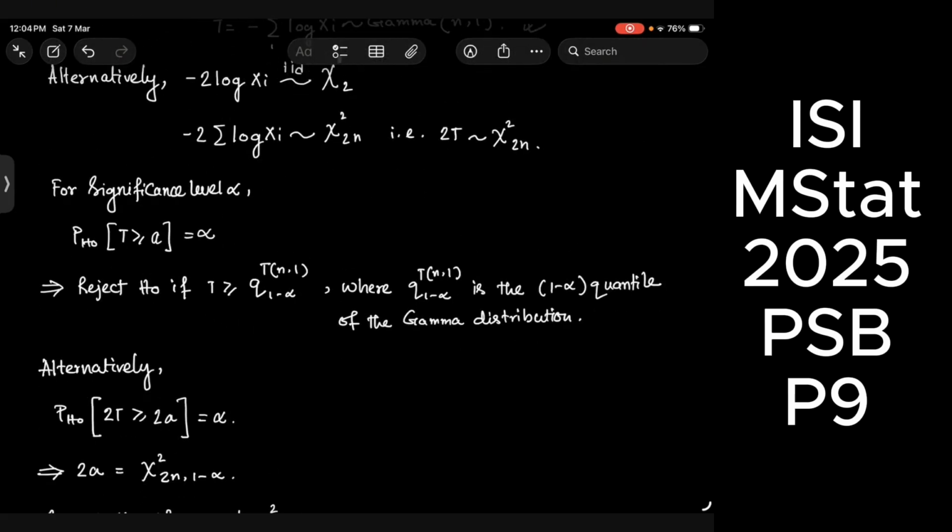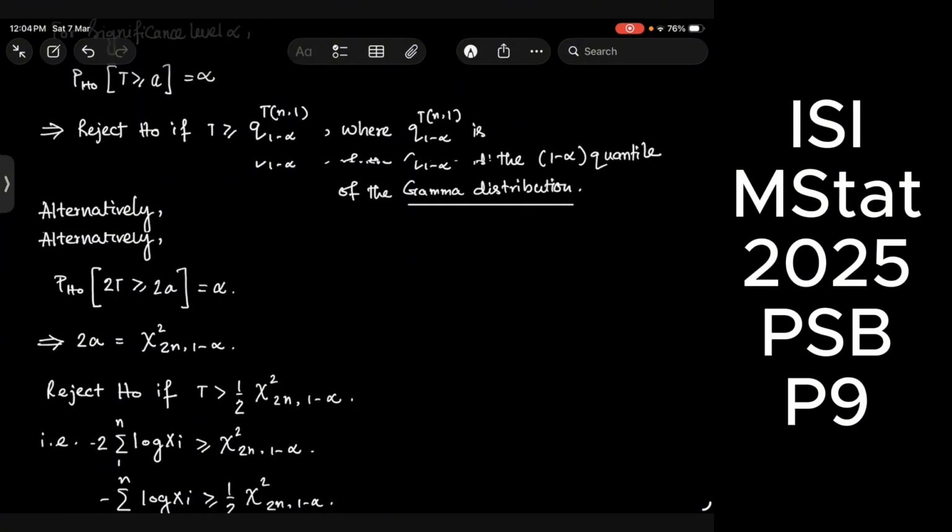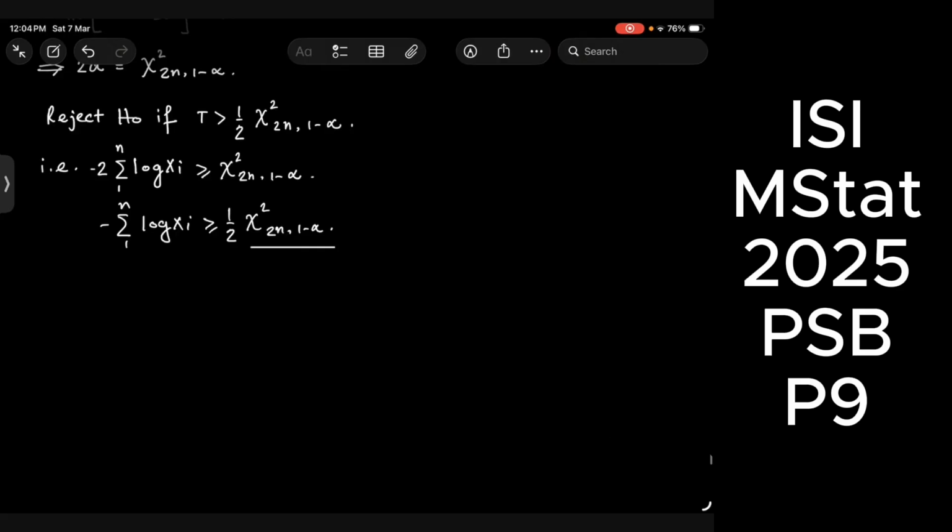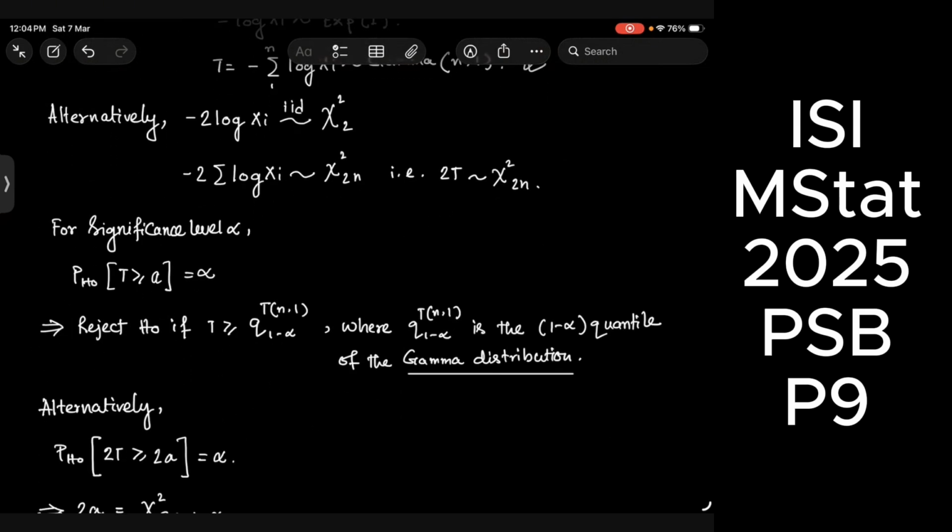For gamma distribution there is also a table. You don't have to worry. For every sampling distribution like this, there is a table. You can also write in terms of this. That would not be a problem.